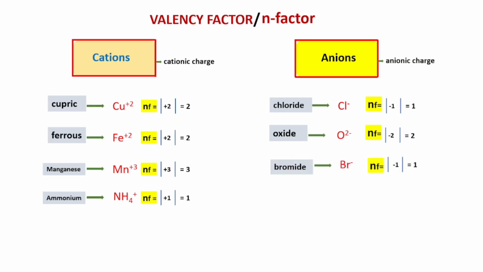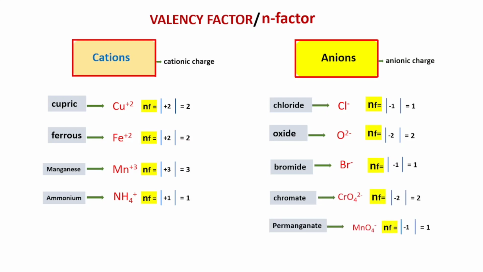Bromide with -1 charge: for N factor, we consider the mode of -1, that is 1. The chromate anion with -2 charge: for N factor calculation, we accept only 2. And the same goes for the permanganate ion. Permanganate ion with -1 charge: for N factor, we consider the mode value of -1, that is 1.